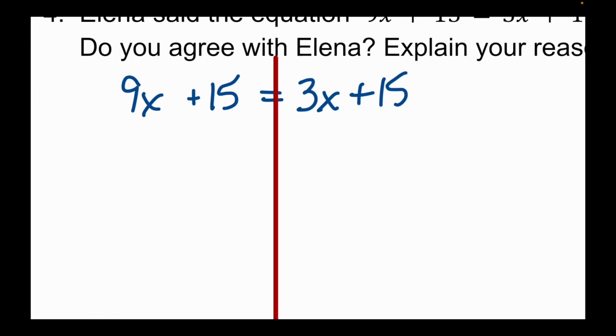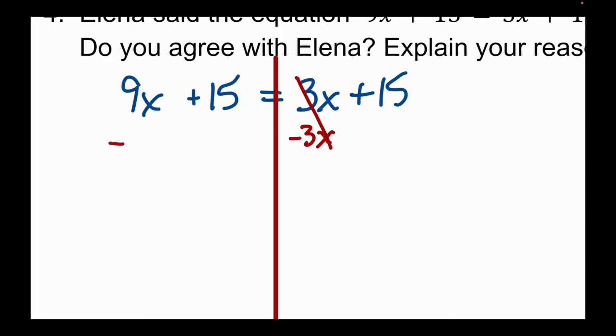And now I am going to try to move all of my x variables to the left, because that's where my larger number is. I have the 9 versus the 3. And then I'm going to try to move all of my whole numbers or my constant numbers over to the right so that I have all the numbers on one side. So starting off, let's subtract 3x from both sides.